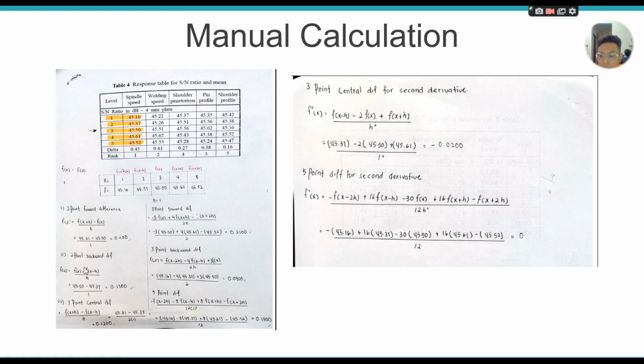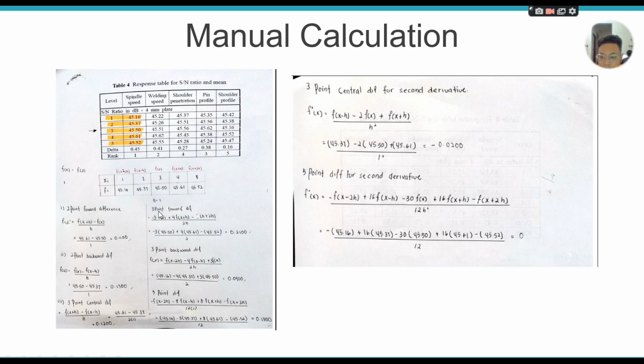Meanwhile, for the 2-point backward difference, the formula is f(x) minus f(x-h), divided by h. For the 3-point central difference, the formula is f(x+h) minus f(x-h), divided by 2h. So we take this data minus this data and divide by h, where h is equal to 1.